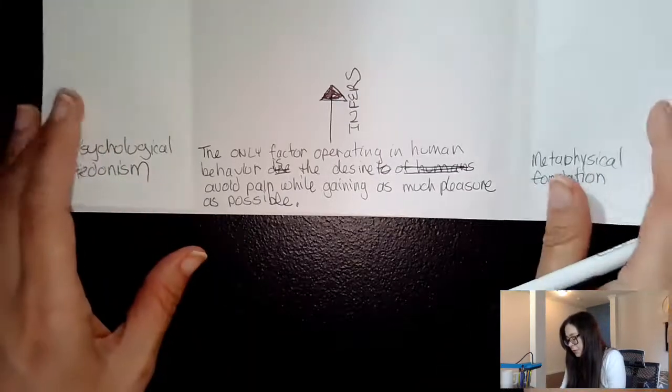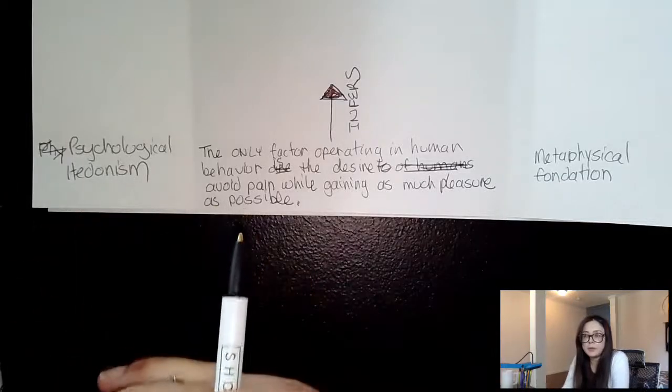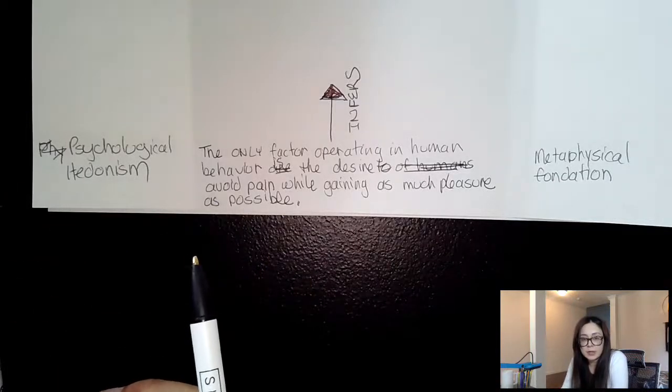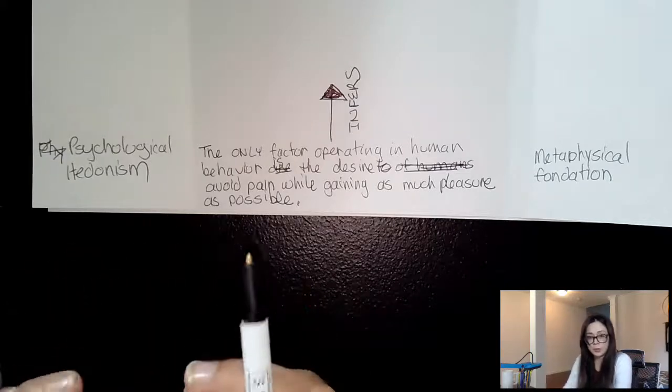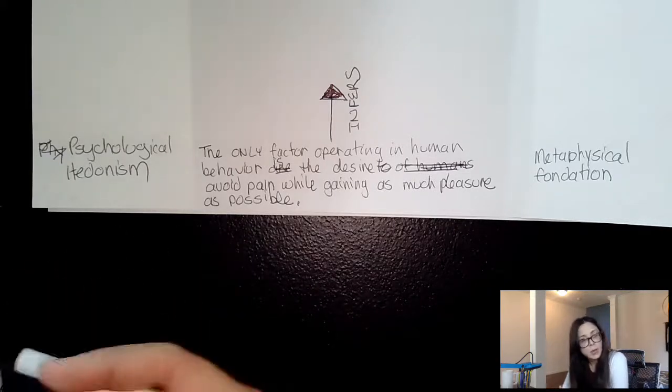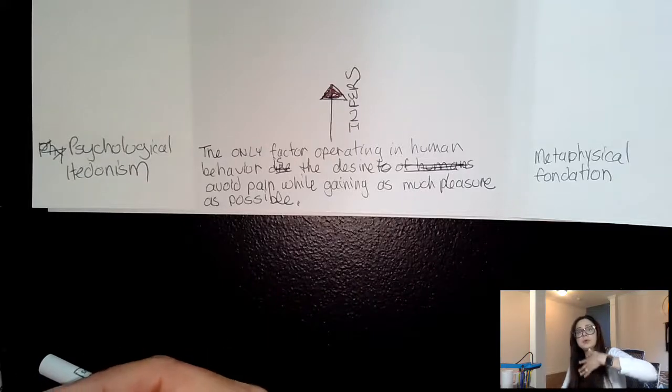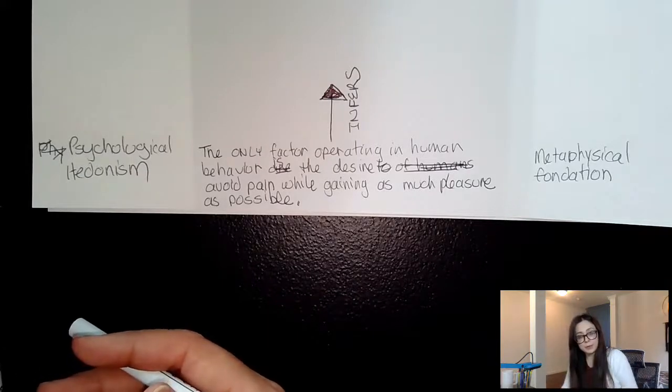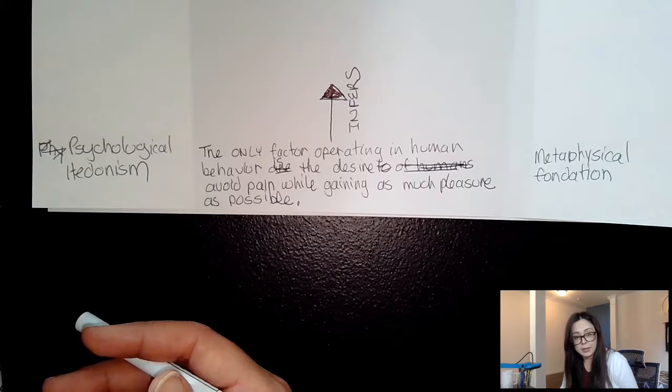Okay, so infers. So what is an inference? An inference is an intellectual step of the mind. It is taken when you go from something that you currently believe or presuppose to be true, or at least plausible, to derive another belief that you think is true or at least plausible.